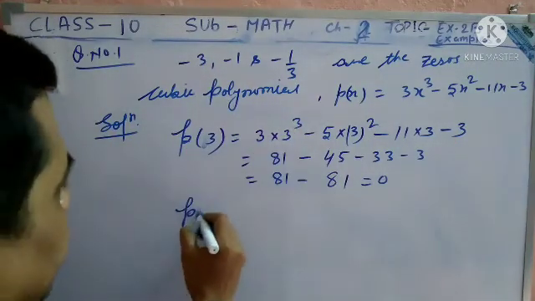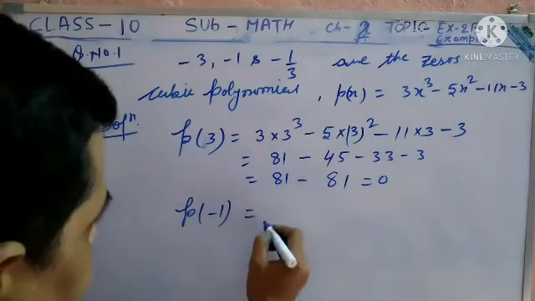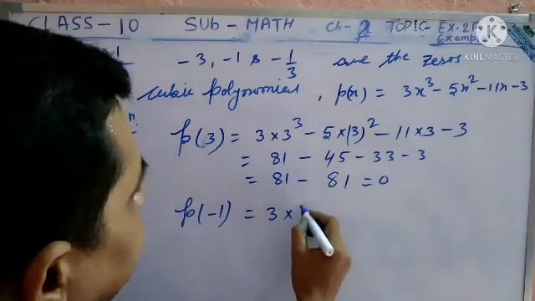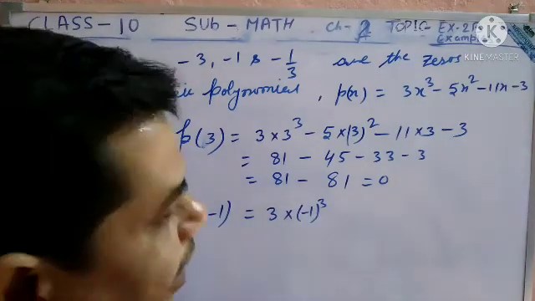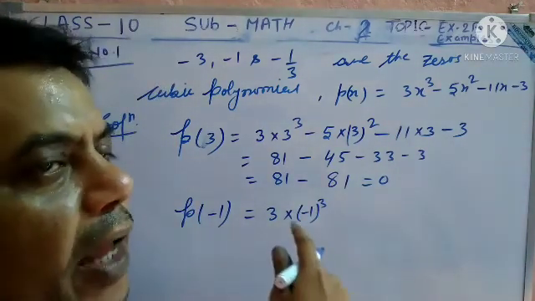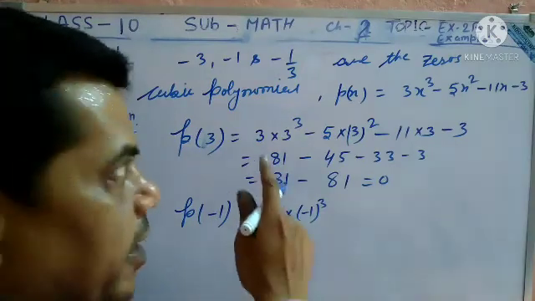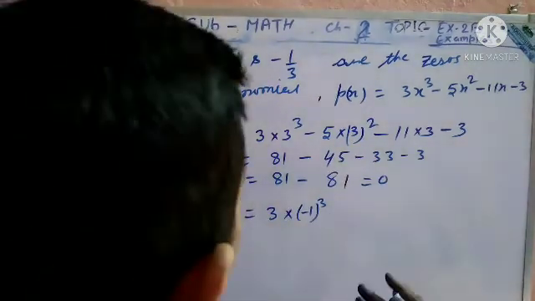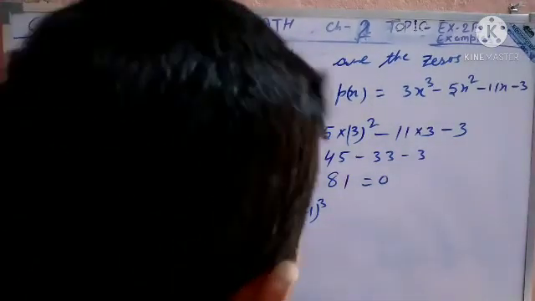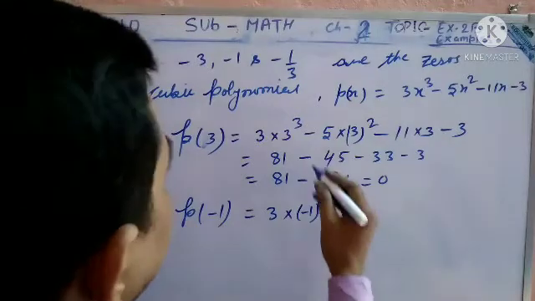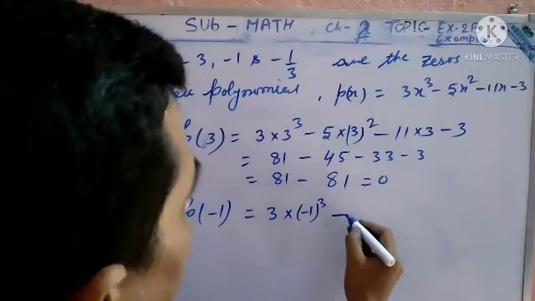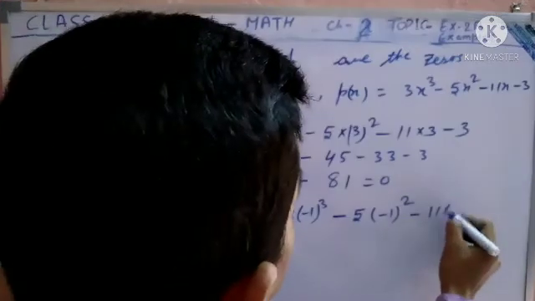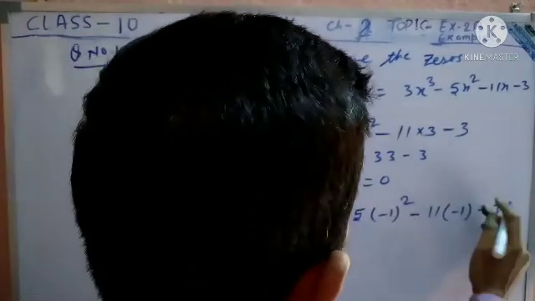Now take another value, that is minus 1. So 3 into minus 1 to the power 3, and that is also applicable in hit and trial of this equation. I will also explain in the next classes, that is 5 into minus 1 square minus 11 into minus 1 minus 3.